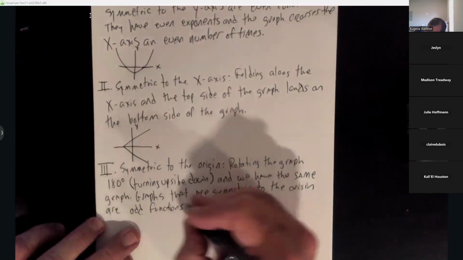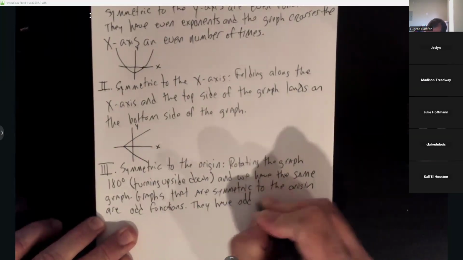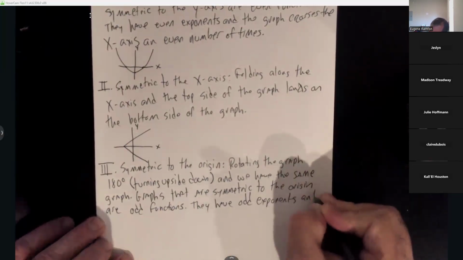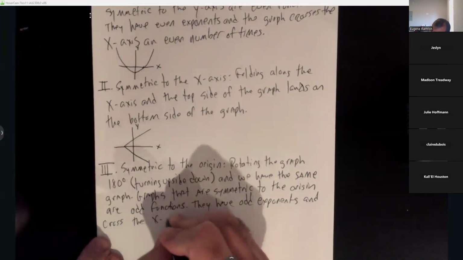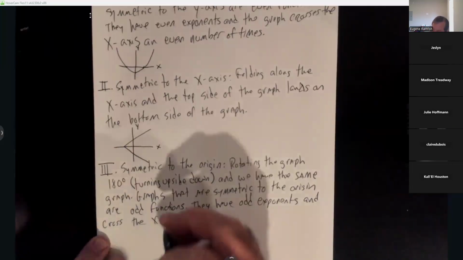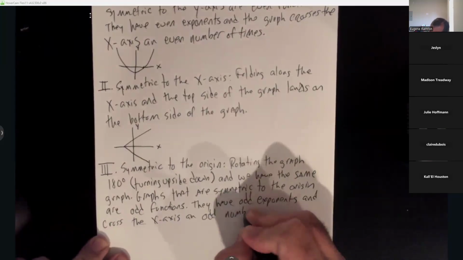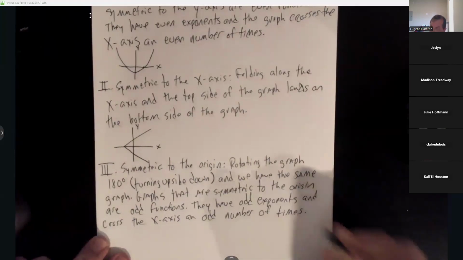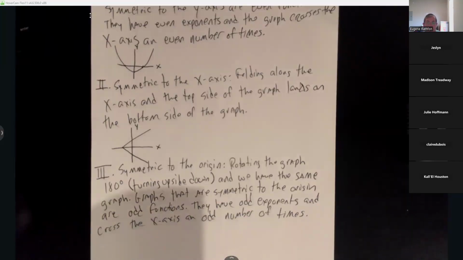That means they'll have odd exponents and cross the x-axis an odd number of times. Okay, so they're going to cross an odd number of times.